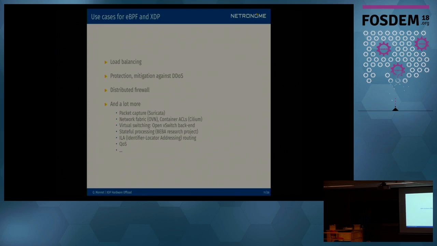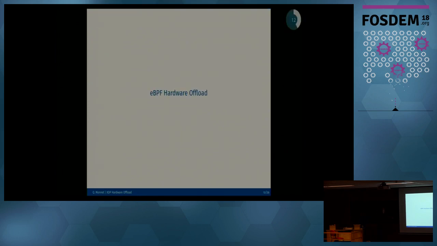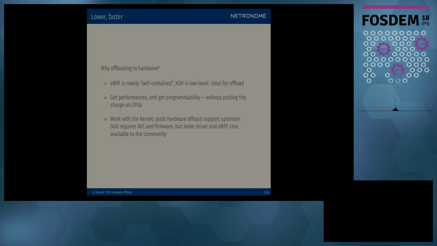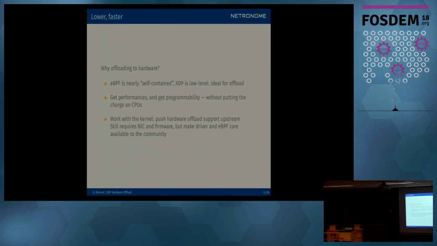And then what we're trying to do from here is to get even more performance and to send those BPF programs to the device itself. So why do we want to offload? We want to offload because BPF, as a target for offload, is pretty much self-contained.